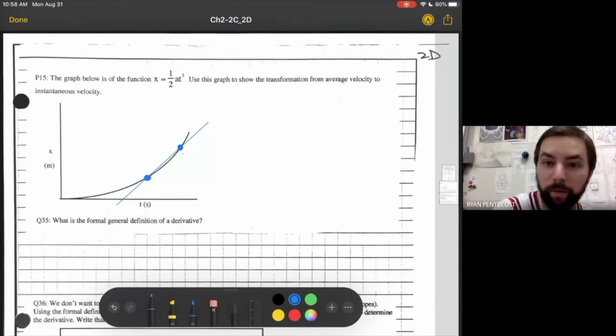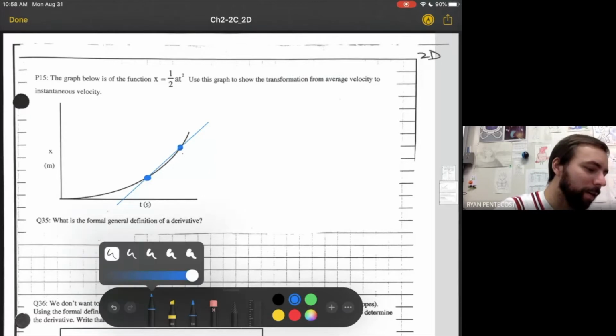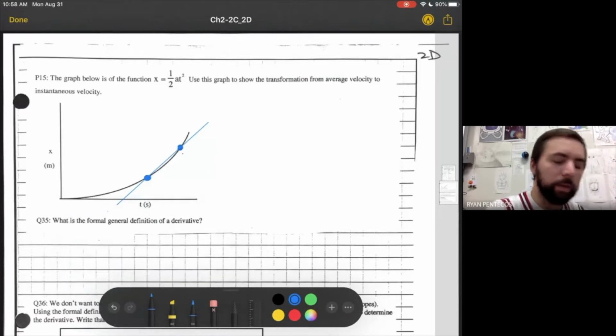Found out there's a ruler on this thing, so that's neat. So if we wanted to find the average velocity between these 2 points in time, what we would do is find the slope of this secant line.